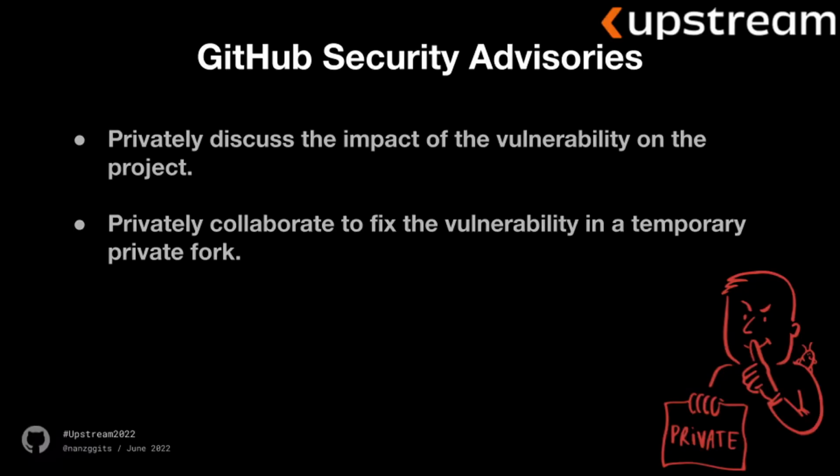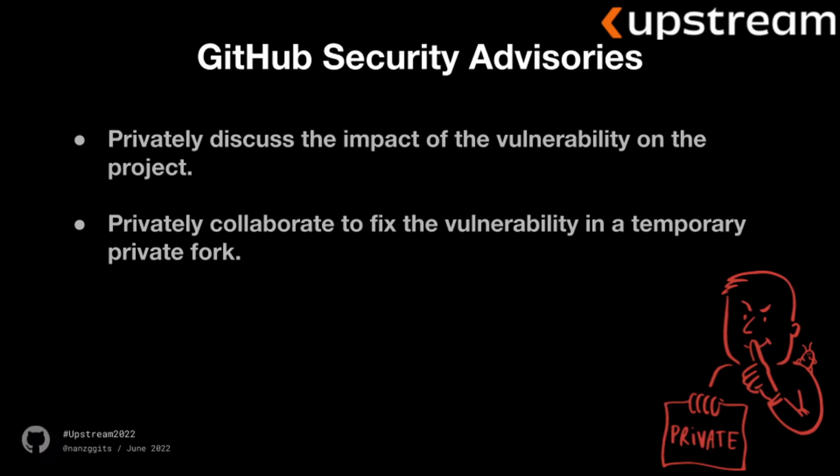Again, patch creation, it's important to keep that process private and fix it in a private environment. A public issue or a pull request would expose the project to potential exploitation by malicious actors. And if your project lives on GitHub, look into GitHub Security Advisory, GHSA. They make it easy for repository maintainers to privately discuss with their team and invite reporters and fix a security vulnerability within a project.